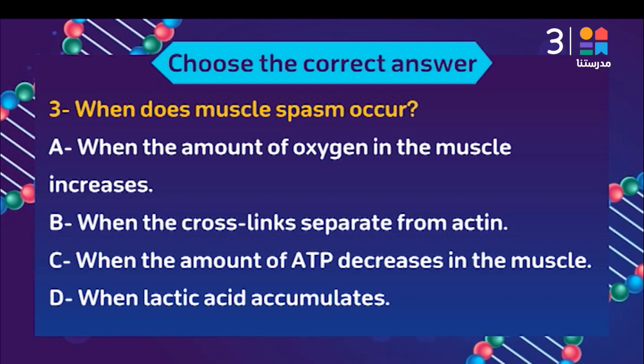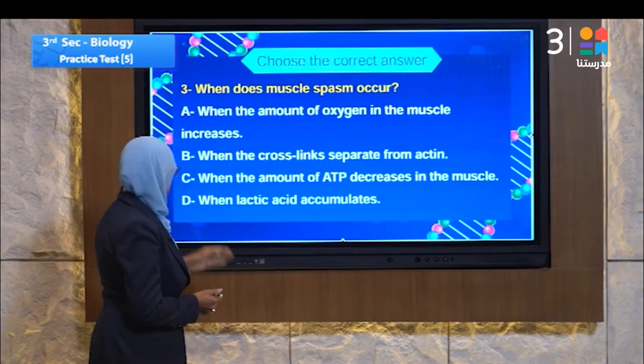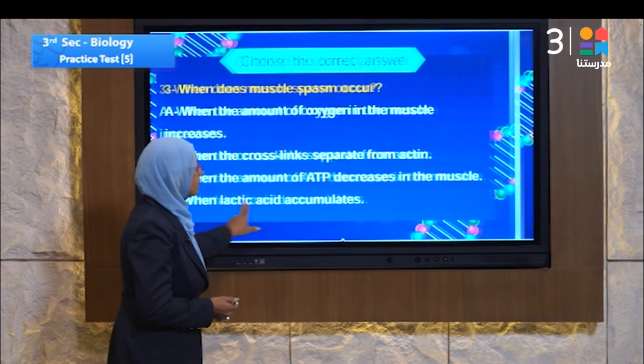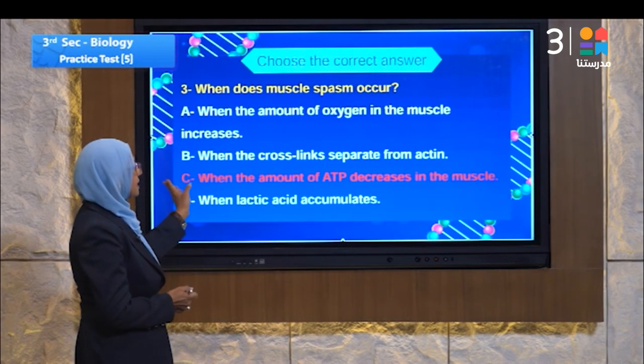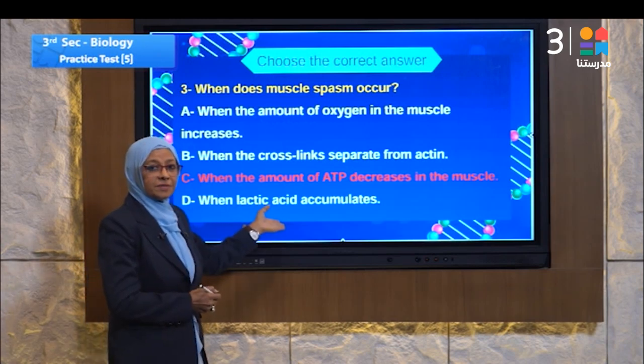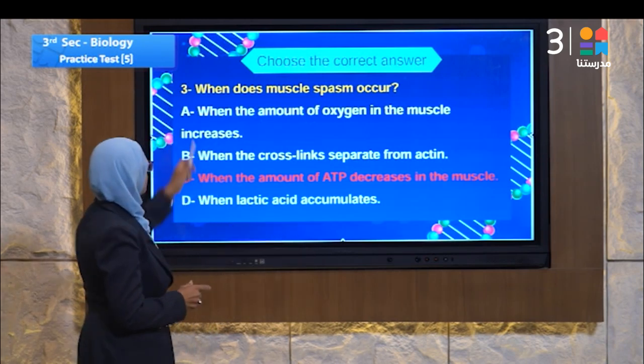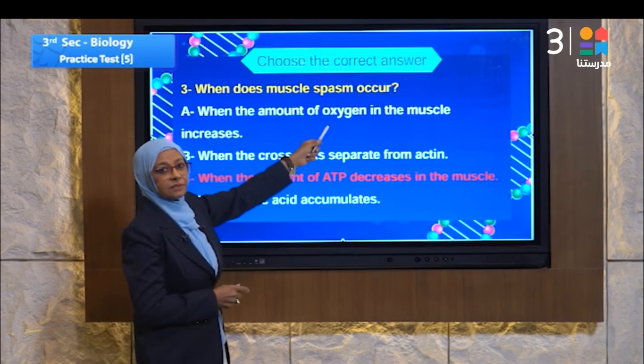C, when the amount of ATP decreases in the muscles. D, when actin and lactic acid accumulate. The last one, when lactic acid accumulates. The answer must be C. That means the amount of ATP decreased in the muscles, so the muscle spasm occurs.